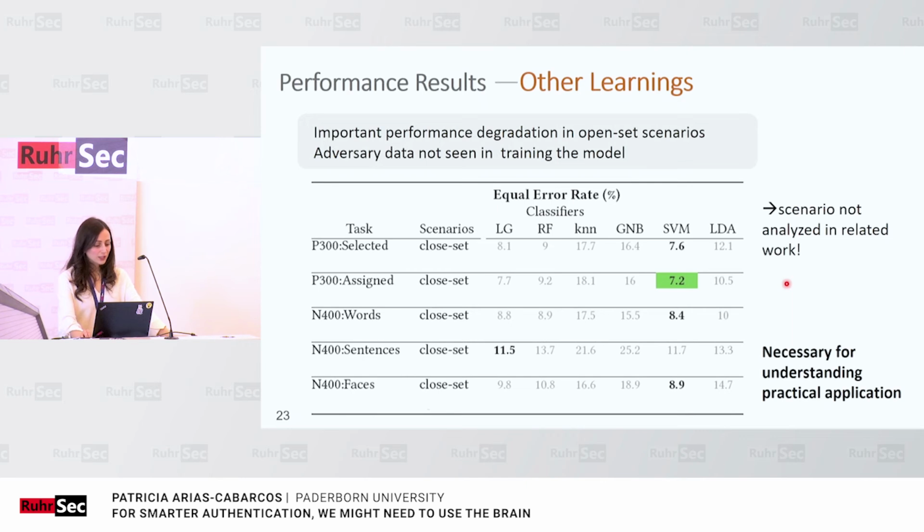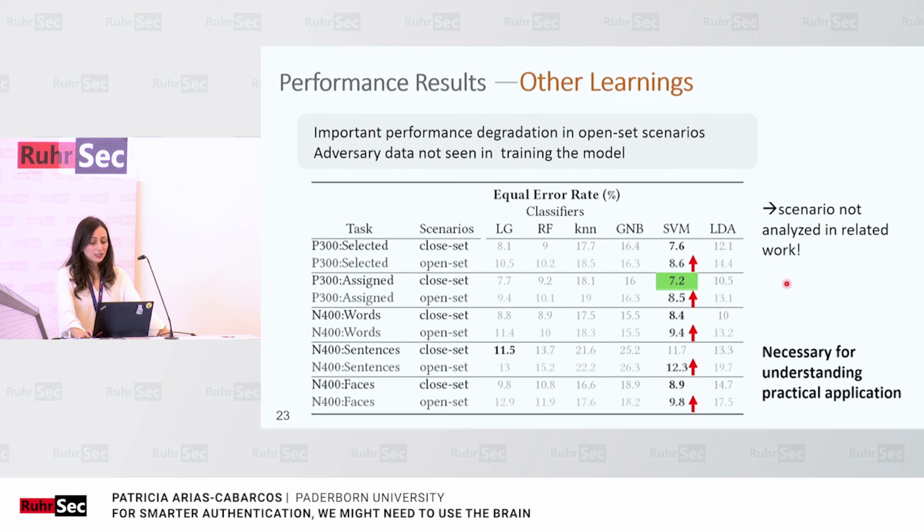And we call that open set evaluation, and basically, as you can see now, all the equal error rates degraded when we tested this case. And so it's really important to test these cases also in further research.